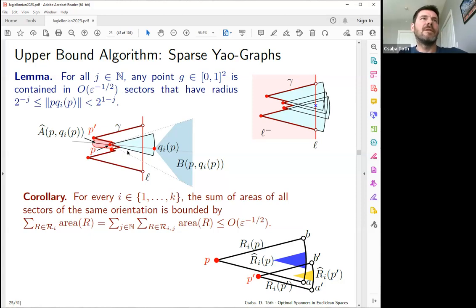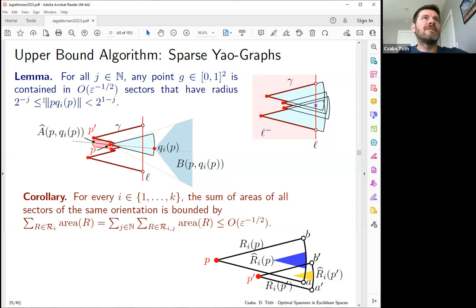And so that limits the amount of overlap. So this is one step.